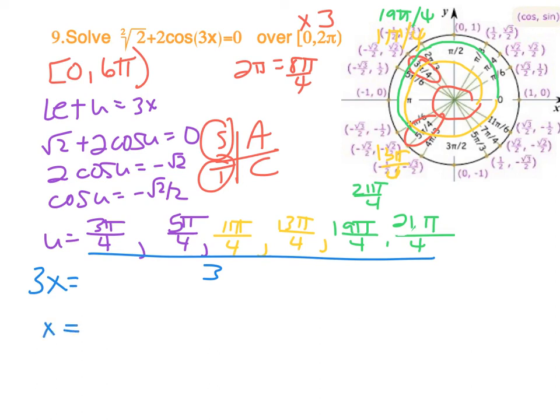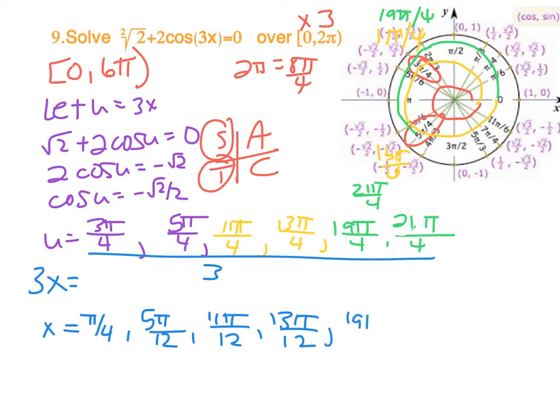So 3 pi over 4 divided by 3 will give me pi over 4. 5 pi over 4 divided by 3 gives me 5 pi over 12. 11 pi over 4 divided by 3 gives me 11 pi over 12. 13 pi over 4 divided by 3 gives me 13 pi over 12. 19 pi over 4 divided by 3 gives me 19 pi over 12. And 21 pi over 4 divided by 3 gives me 21 pi over 12.